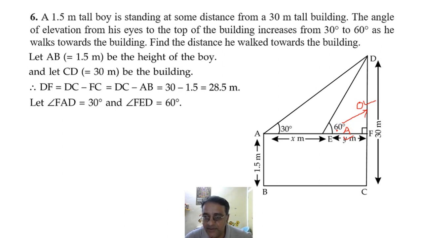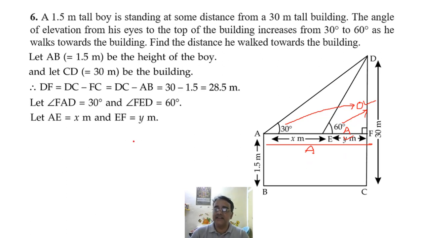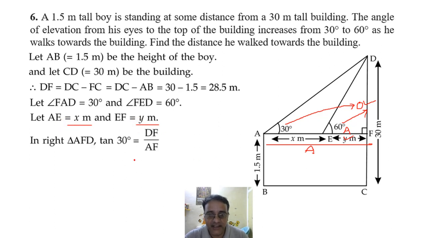Tan theta, right. And for this angle also this will be opposite and this whole will be adjacent, and here also we will use tan theta, right. And tan theta is O by A, that is opposite by adjacent. So let AE is equals to X meter and EF is equals to Y meter, and in triangle AFD, first taking the full triangle AFD, tan 30 degree is equals to DF by AF.